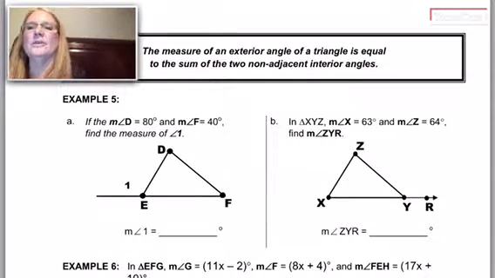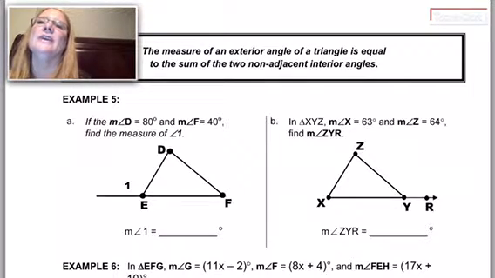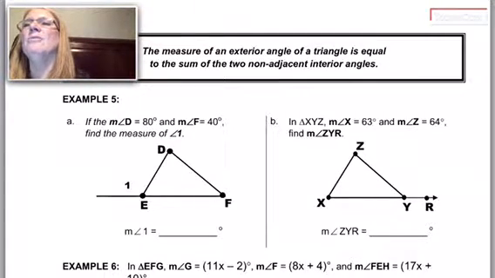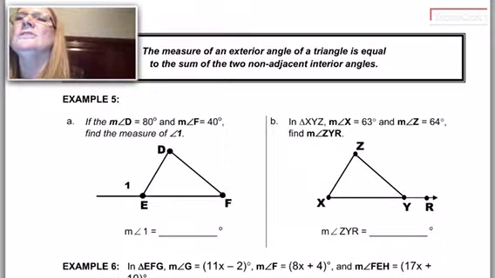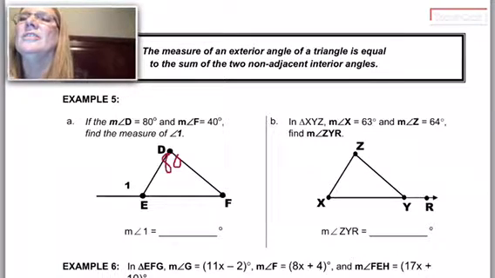Well, here's a property about those, and it says that the measure of an exterior angle of a triangle is equal to the sum of the two non-adjacent interior angles. So in example 5, if the measure of angle D is 80 and the measure of angle F is 40, there's kind of a long way we can go about getting it.